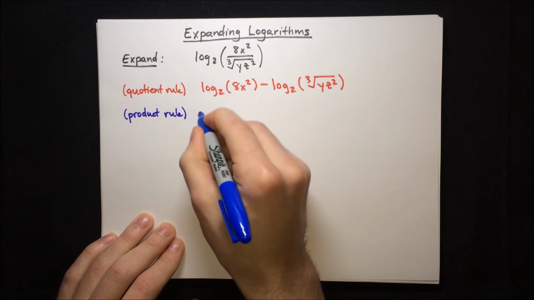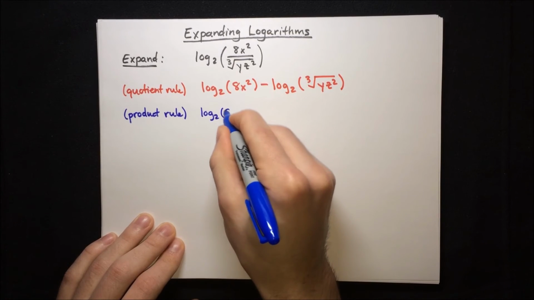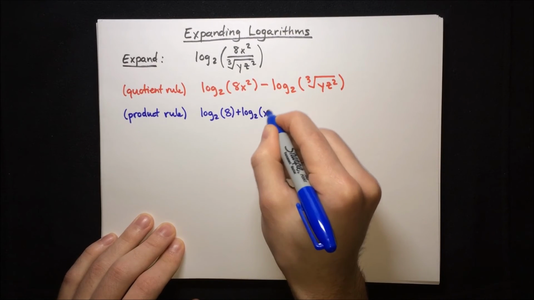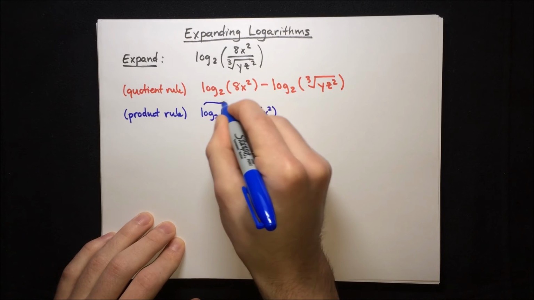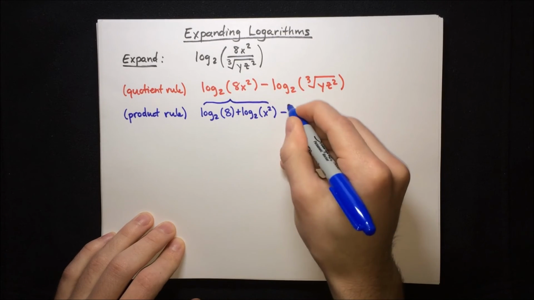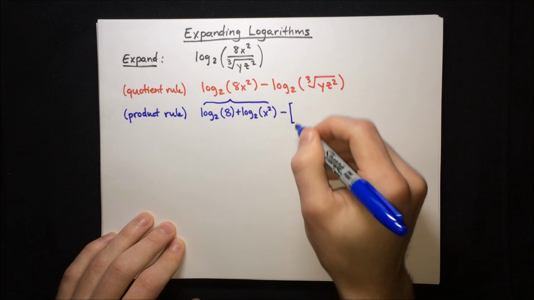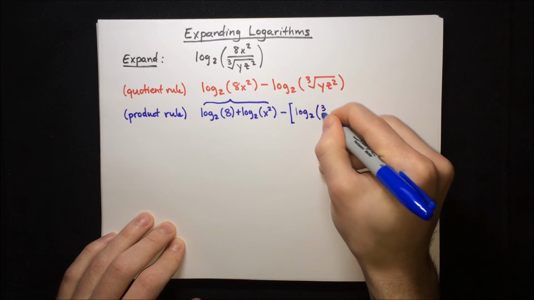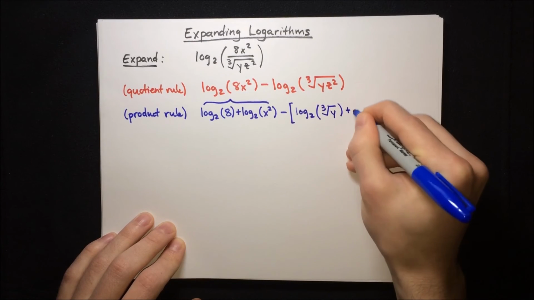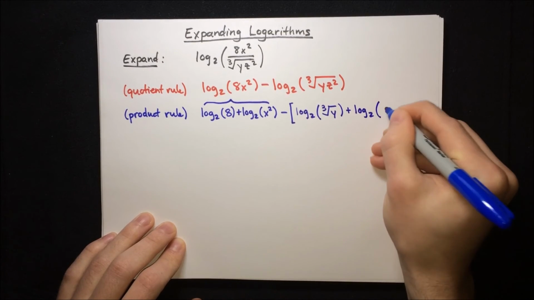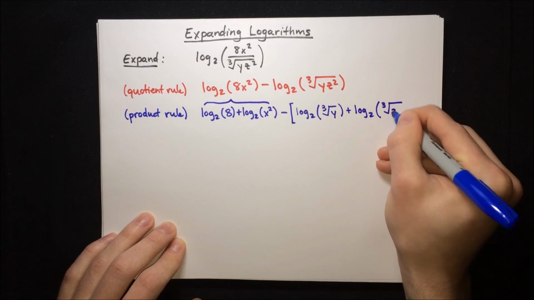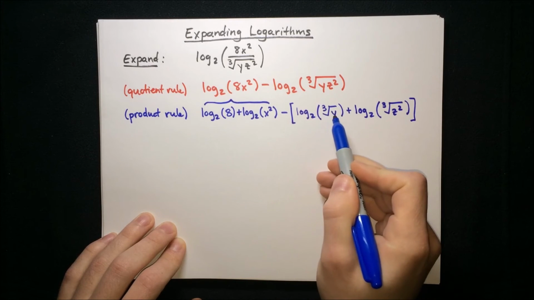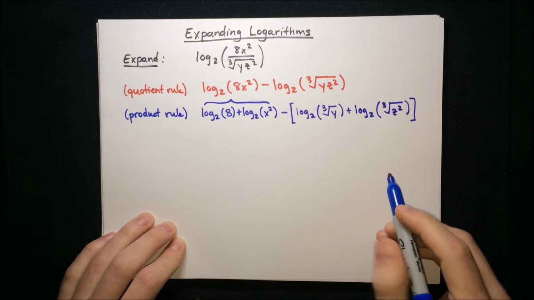So here we've got log 2 of 8, and then plus log 2 of x squared, and then minus this log will become log 2 of the cube root of y plus log 2 of the cube root of z squared, because this cube root of yz squared is just cube root of y times cube root of z squared.